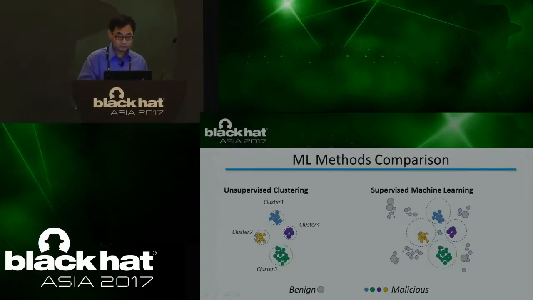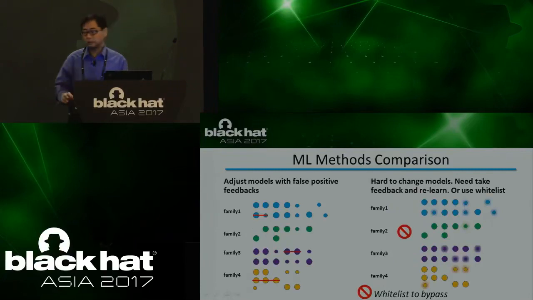Also, as I talked, we are doing a product, so it's very important that we have customers. Once they say this is a false positive, we must have a way to immediately rectify it. We want to be able to modify the model. The clustering, the unsupervised, has a very good way: we basically just remove that cluster from your clusters.